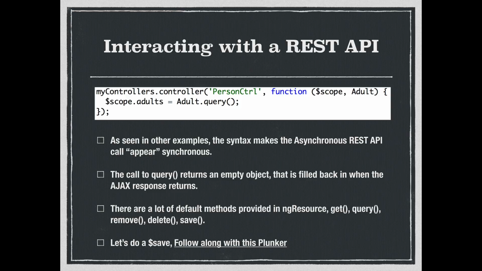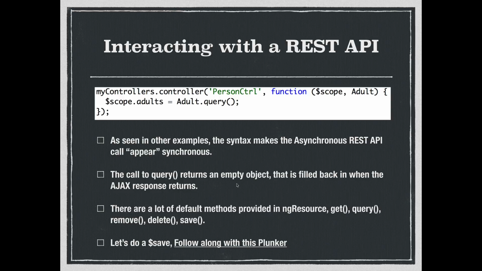So I wanted to actually show a little bit more about REST API, since it's such a big part of modern web design. Really, in evaluating and understanding what a JavaScript framework is going to do for you, you need to understand how it's going to interact with the REST API. So one thing that you may have noticed looking a little fishy, a little silly, is that we have this scope.adults equals adult.query.